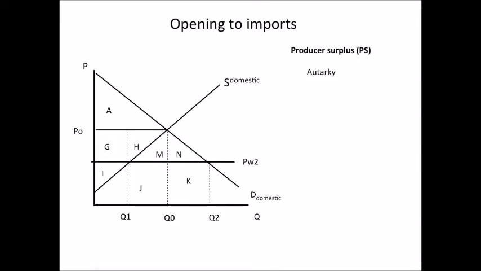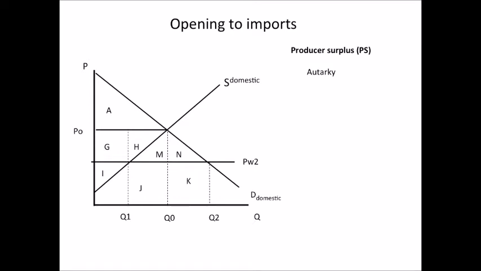Now we want to use these concepts of producer and consumer surplus. Now I've got a bunch of letters here, across this graph, but let's use the tools that we've developed in the producer and consumer surplus videos.